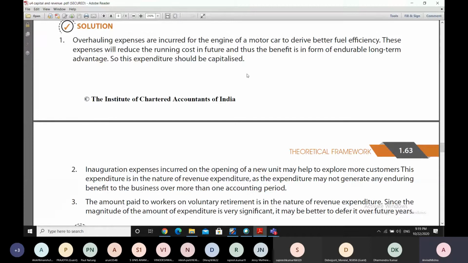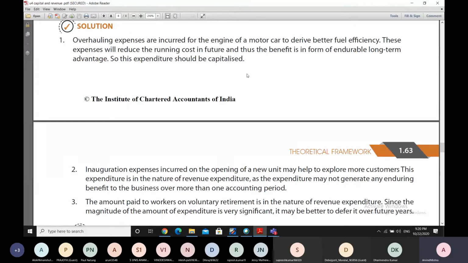But here what is happening is that we are reducing our cost straight away. So we are making an expenditure which is leading to immediate benefit, not a future benefit.